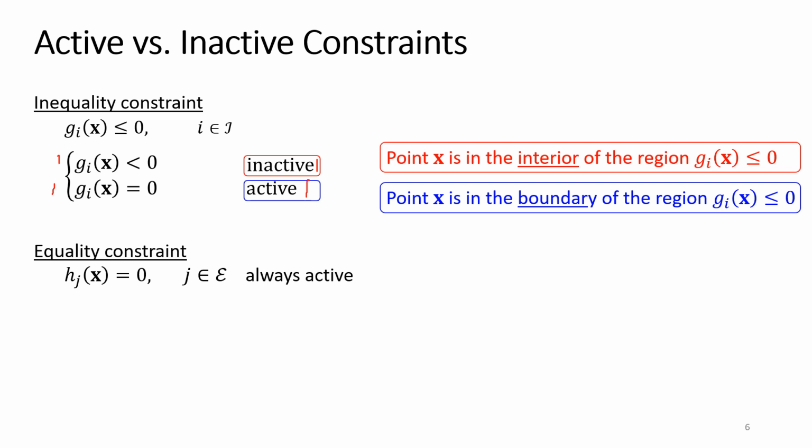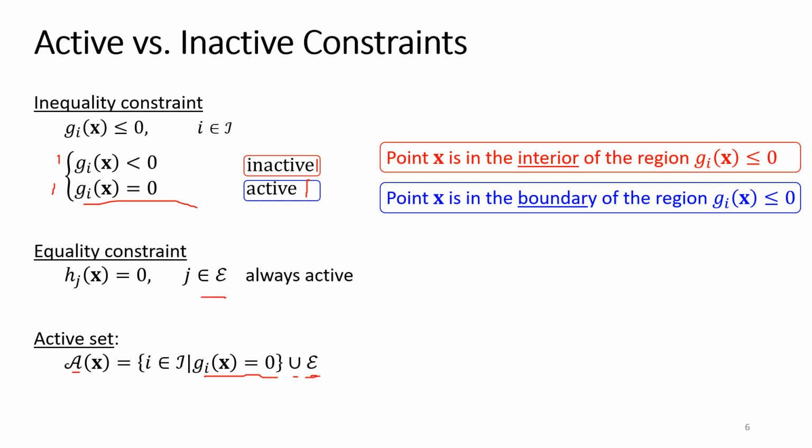Equality constraints h_j(x) equals 0 are always considered to be active constraints. The active set A(x) is the set of all active inequality constraints union the set of all equality constraints, because equality constraints are always considered to be active.